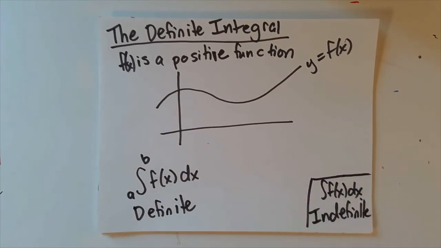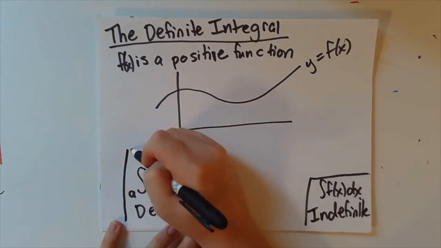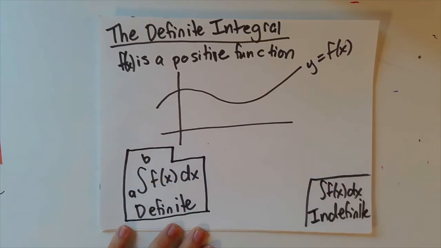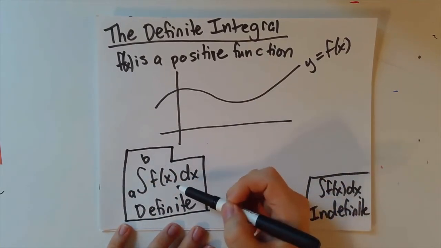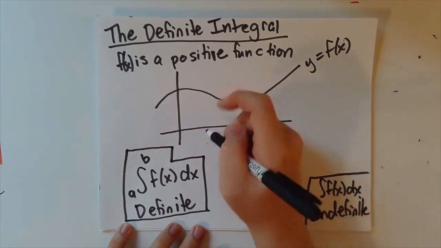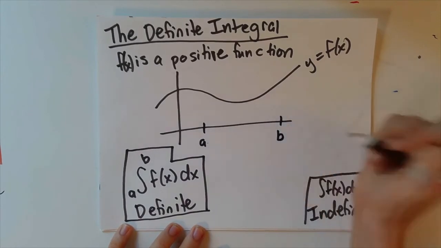Okay. And so what is this thing that we have just said how to write? Well, this is an area. And what is the area of? Well, I go to the x-axis here and I find my a, and I find my b.